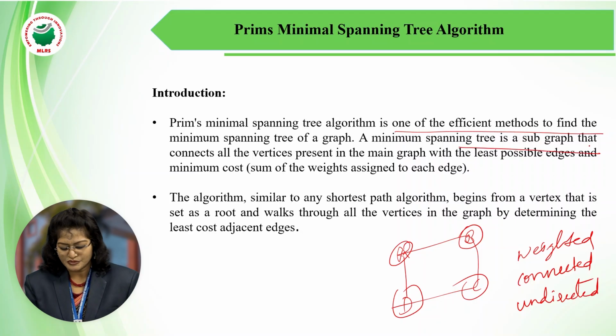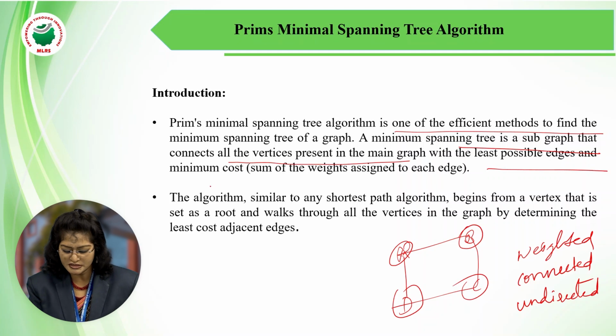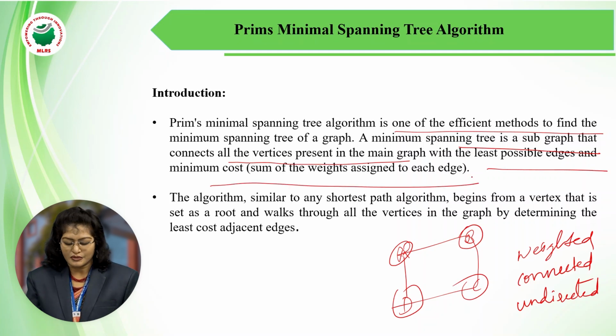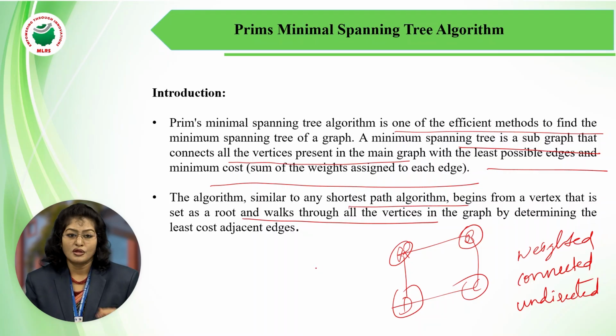It's a subgraph, as we have discussed in the previous session, of the minimum spanning tree. All the vertices present in the main graph are included with the least possible edges and the minimum cost. That is what we have discussed. And it can use a similar shortest path algorithm also. We need to traverse the root to all the vertices, check each of the vertices, and take the least cost adjacent edges.